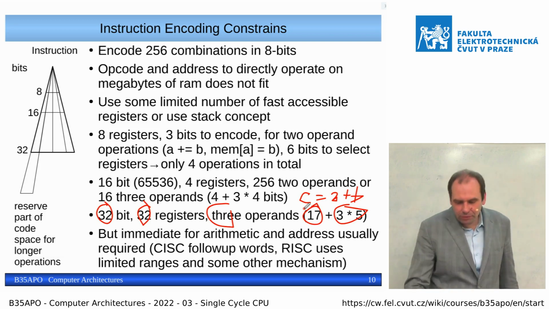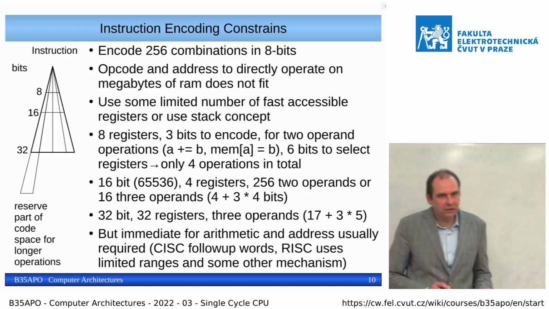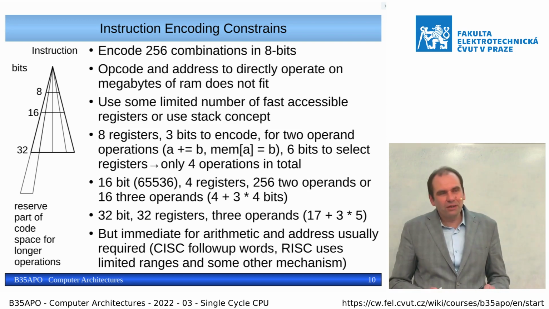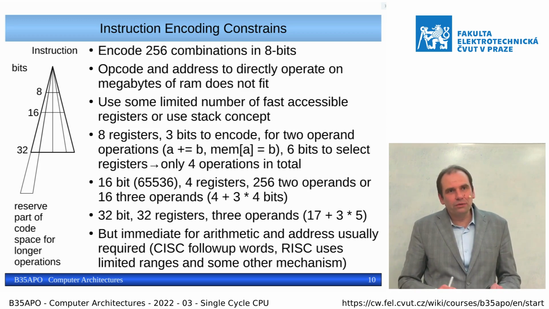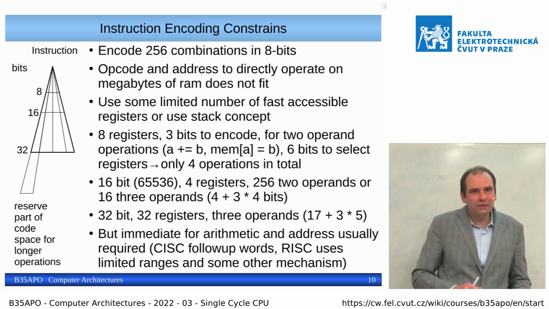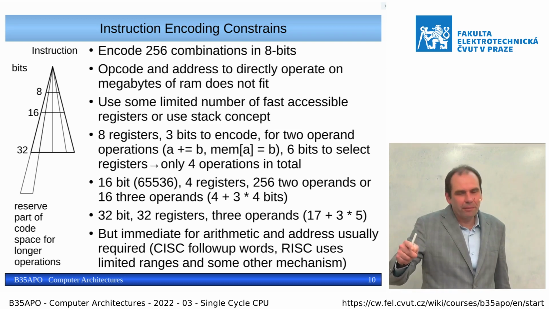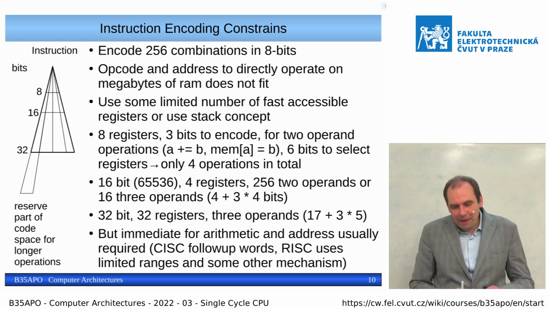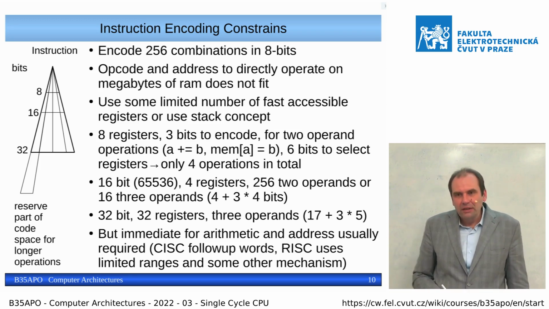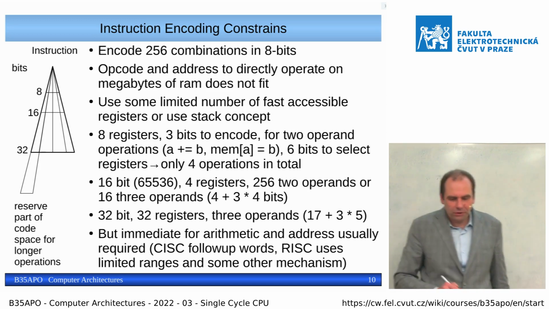The problem is that we do not want to encode only the operations between registers, but we usually want to encode even some immediate values, because if you want to put the value 1 into the register, you probably do not want to store it somewhere in memory as a constant and read it from the memory. So for some range of constants, you usually want to be able to encode them directly into the instruction.